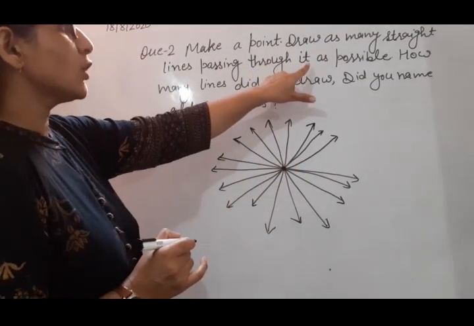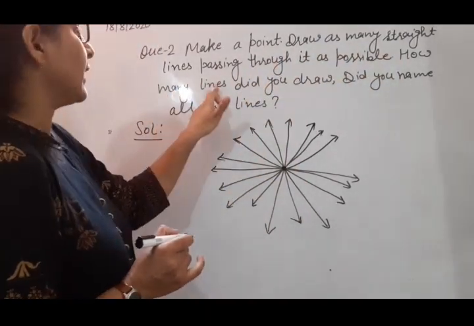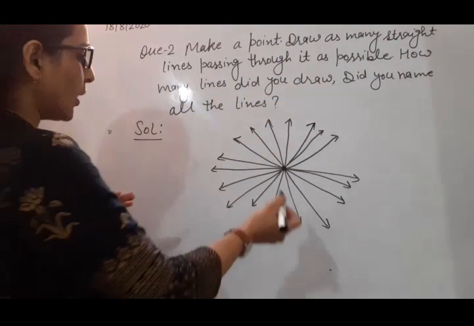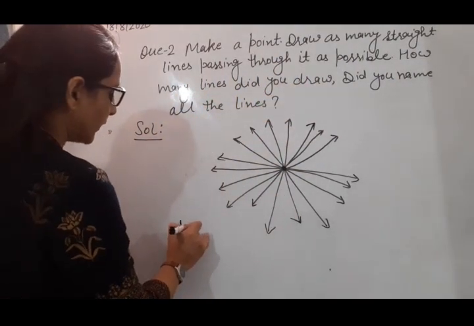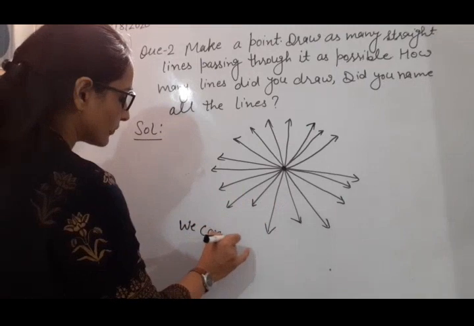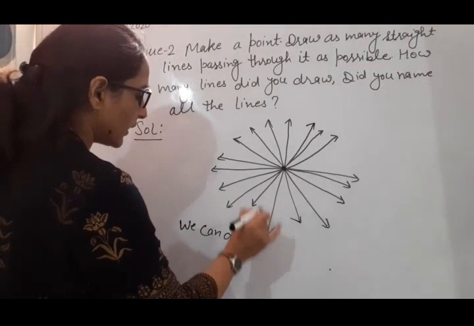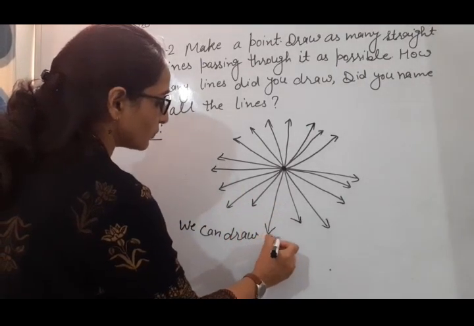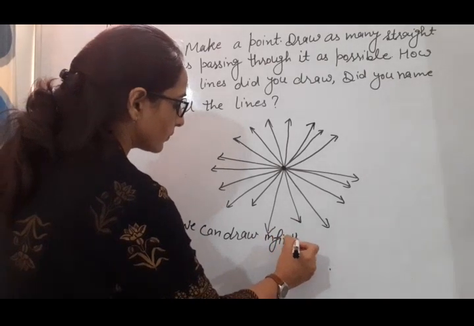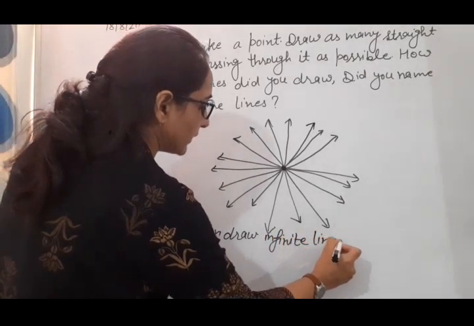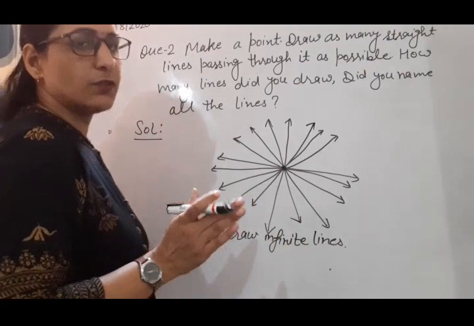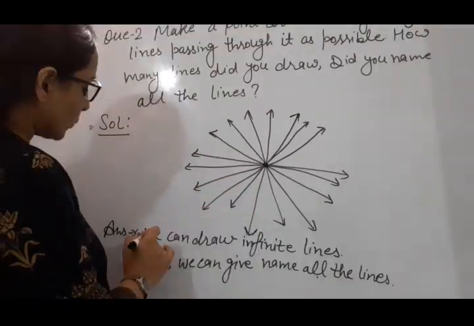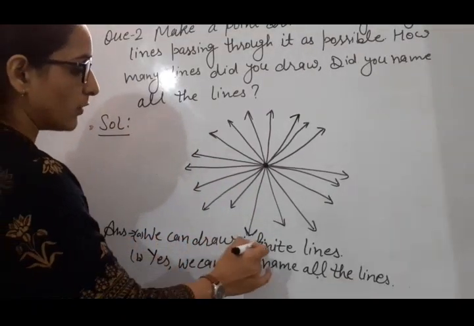So the answer of this question, how many lines did you draw? So answer is, we can draw infinite lines. Clear? It means we can draw many.